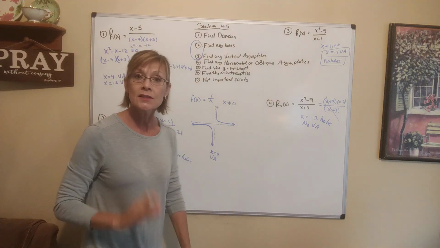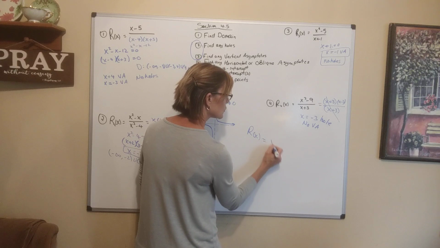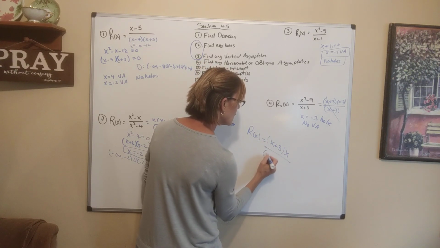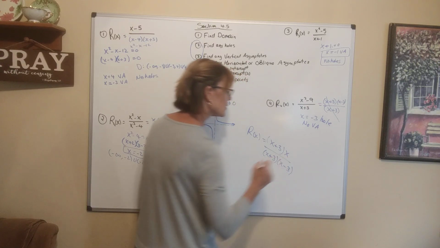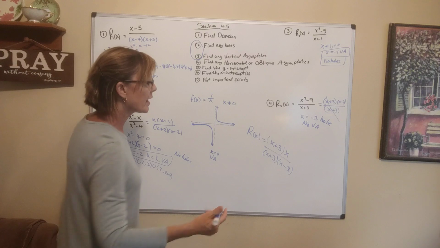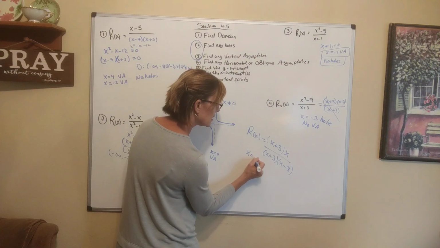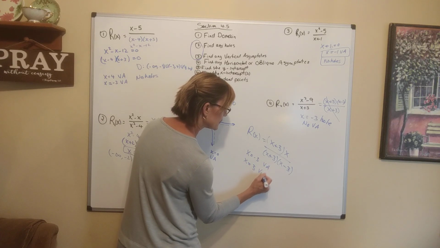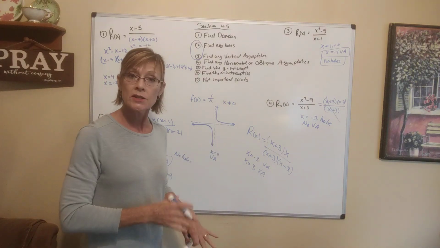Just as a for instance, what if you had some function like this, r of x is equal to x plus 3 times x over x plus 3 times x minus 3? Let's suppose we had something like that. Then we'd say, what are our vertical asymptotes? x is negative 3, x is positive 3. These are vertical asymptotes. But then we factor the numerator and say, is there a cancellation? There is.